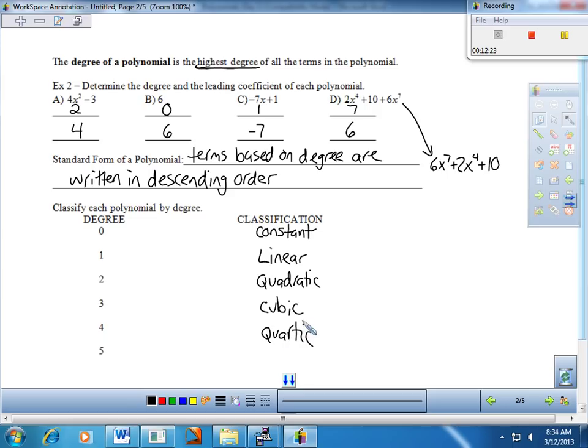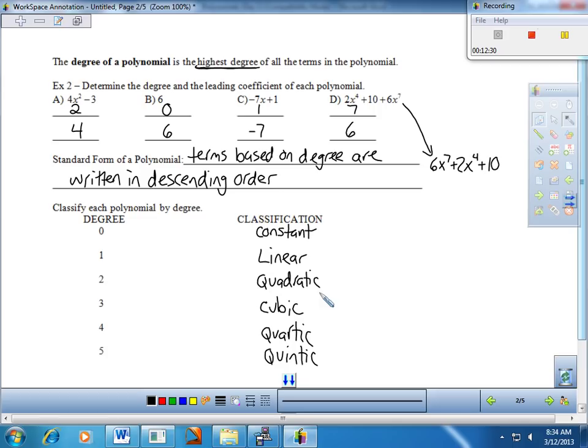Degree 4s are going to be our quartics. And degree 5, not quite as much work with degree 5s, although we'll see some, would be quintic. Anything more than degree 5, then we just start talking about it as a degree 6, a degree 7, a degree 8 polynomial. So the classification here, please get to know those pretty well. Relatively straightforward. But again, you'll hear me use those words quite a bit over the course of the year.